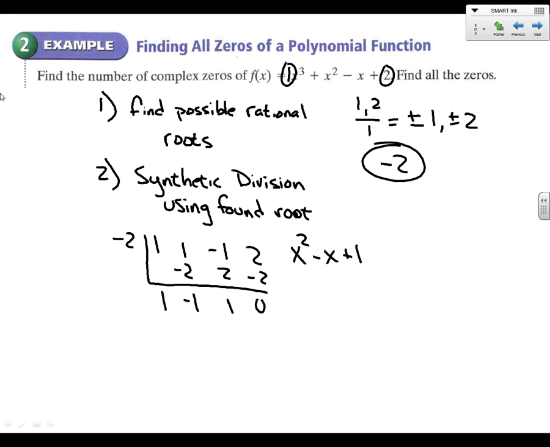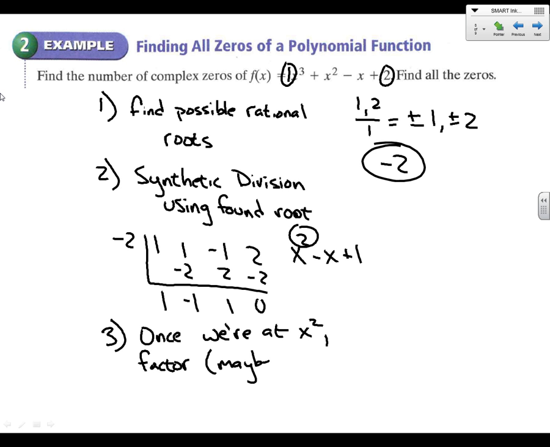Okay. The last step is once we're at x squared, which we are here, factor, and you might have to use the quadratic to finish.